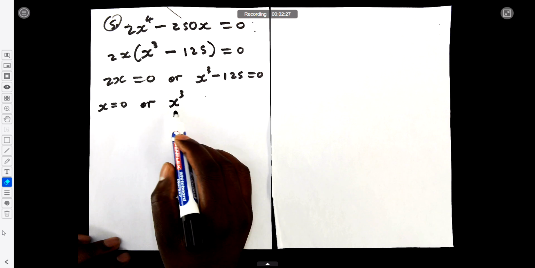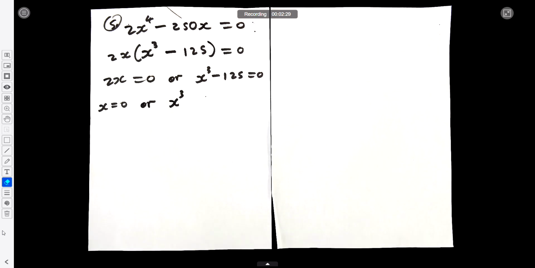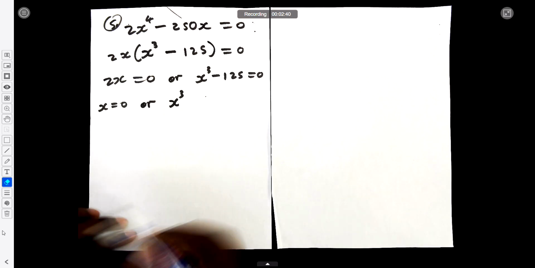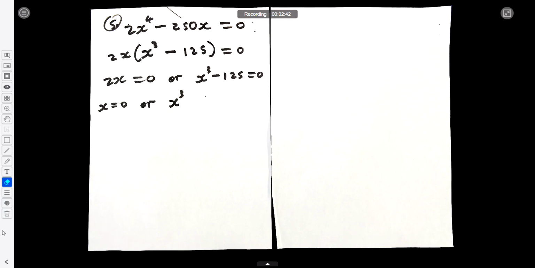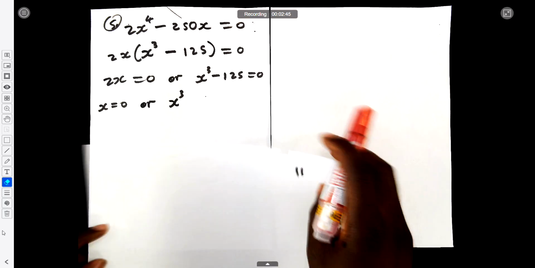The rule states, I don't know if you still recall this from your previous levels, but if you forgot, I think it's there in the textbook. Let me put it here.